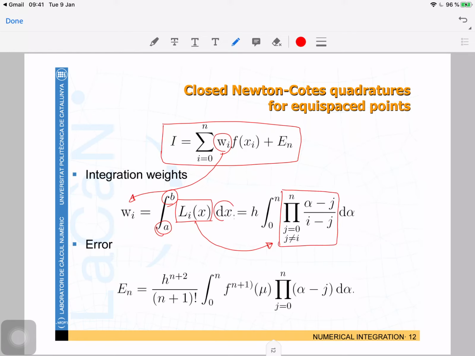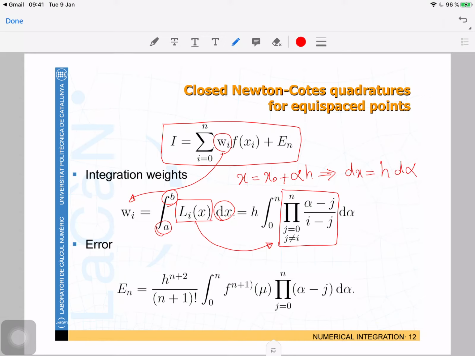And for dx, since x equals x0 plus alpha h, you remember the change of variable, therefore dx equals h d alpha.